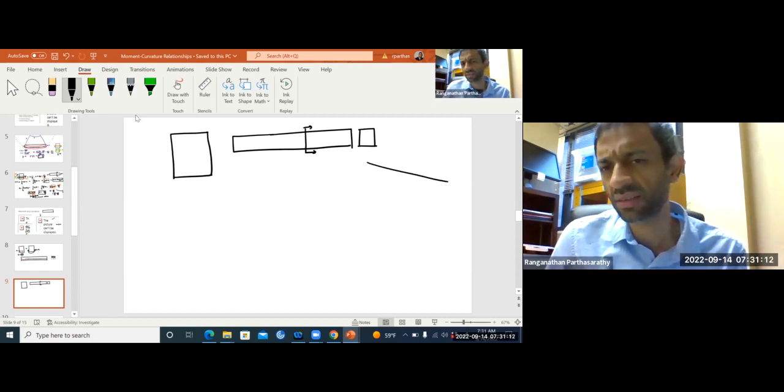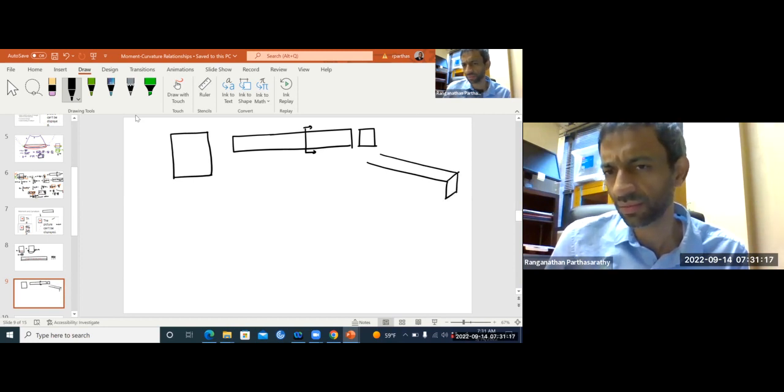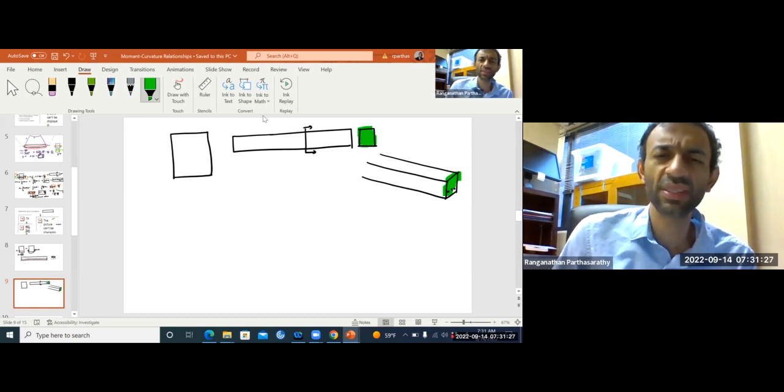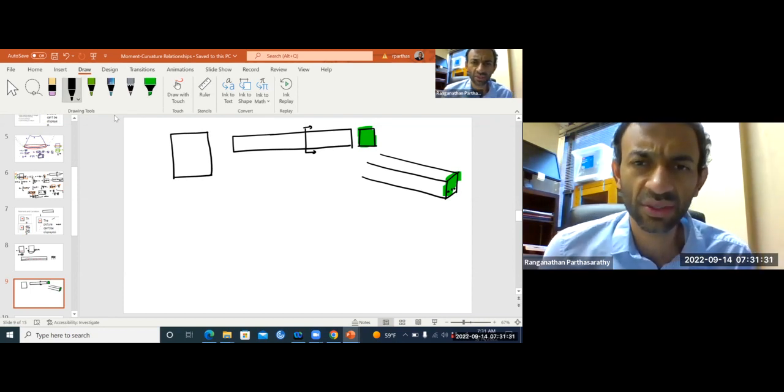If you look at the isometric view, it is this section that we are representing here. Always when we draw a section, that's the cross section that we are showing.